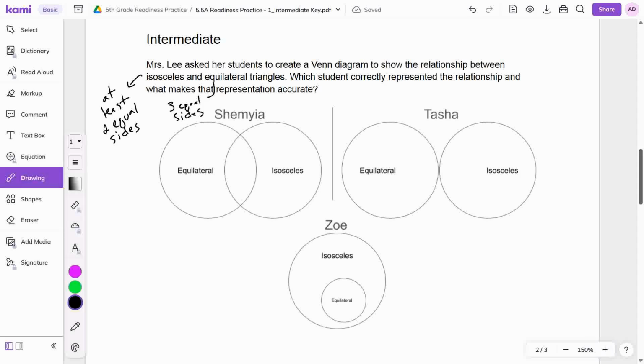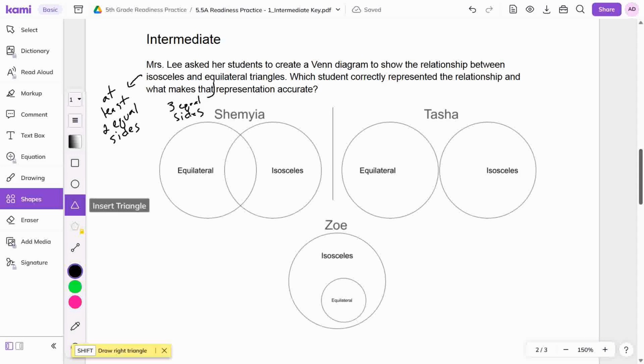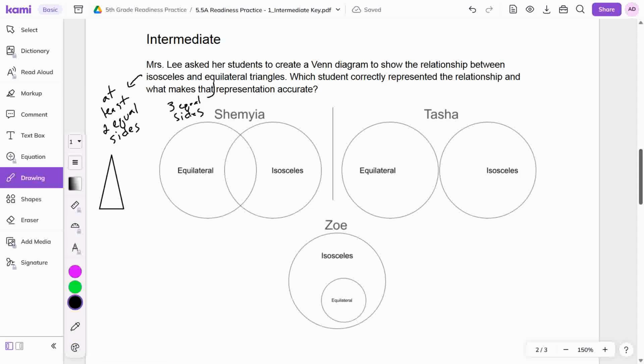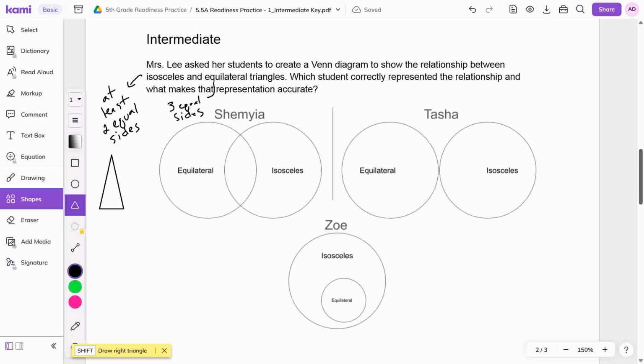Let me see if I can get a shape for that. So this would be an isosceles triangle like this. It's got two equal sides. And then an equilateral triangle, right? I could draw one a little bit smaller, and it's going to be kind of like this. It's all meant to be exactly the same, like that, okay?